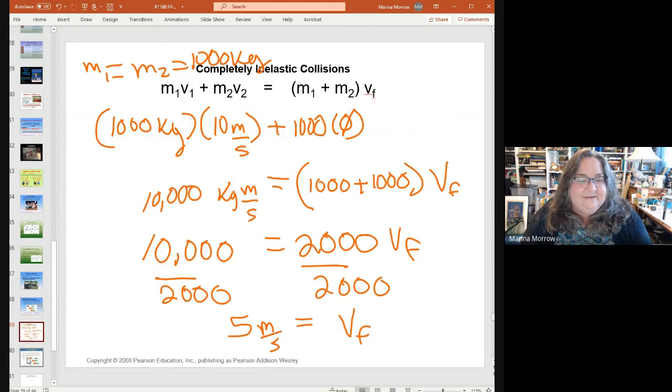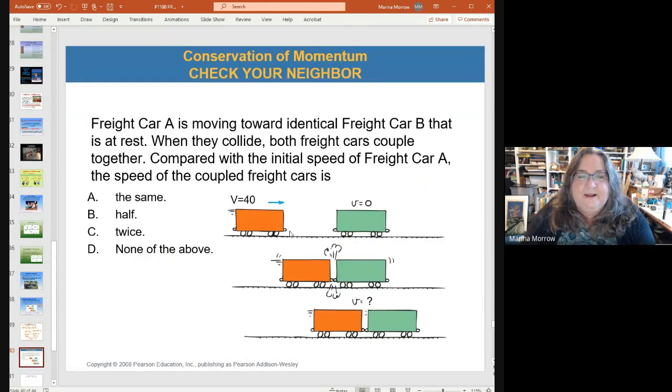Okay, so let's look at this with some more train cars. Now here it comes in at 40. What will happen with the velocity? Again, same idea. It's coming in at 40, but it's still going to end up sharing with the other one, and at the end they have to have the same velocity. So we're going to end up with a velocity of 20. Go ahead and think about it.